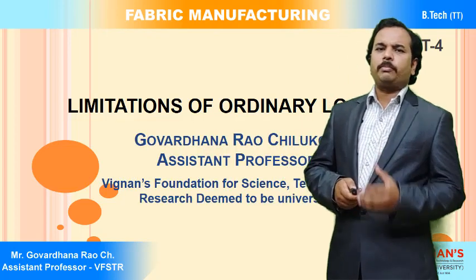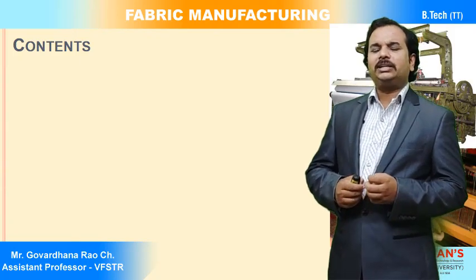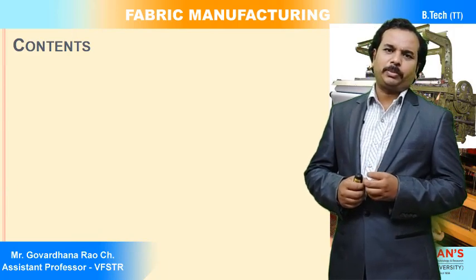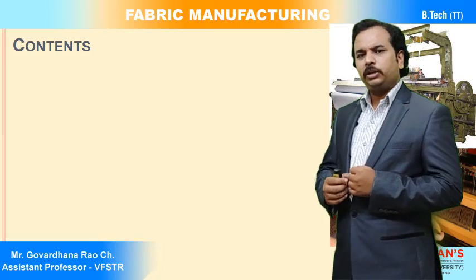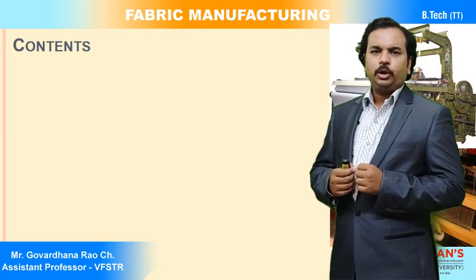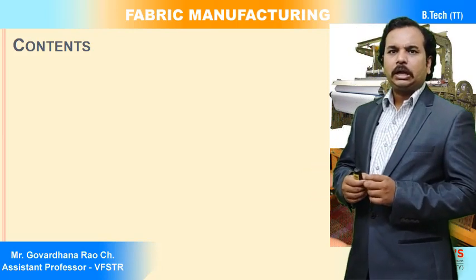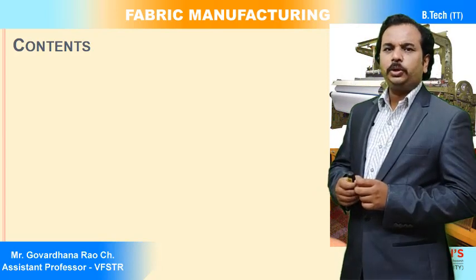We will discuss one by one the different limitations of the shuttle loom and how they were overcome in the case of shuttleless looms. Before going to the content, let us see the contents available in unit number 4.